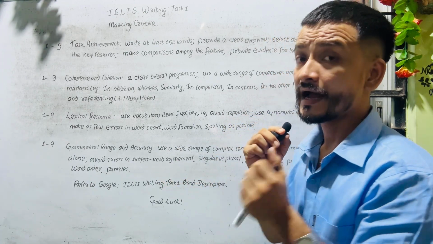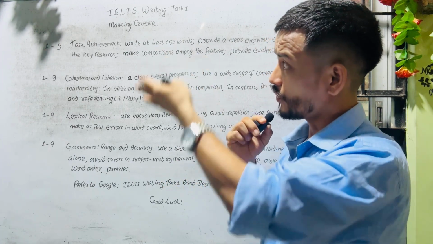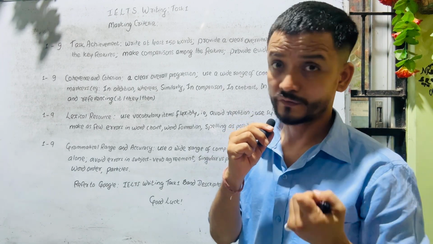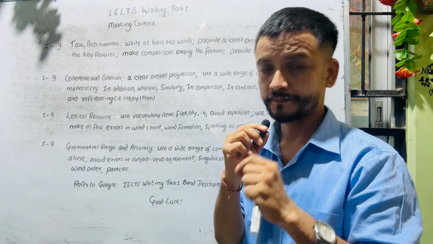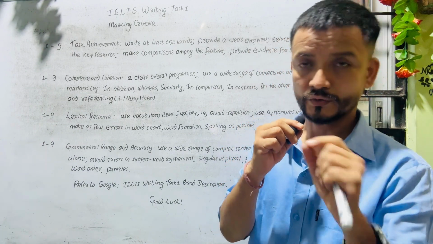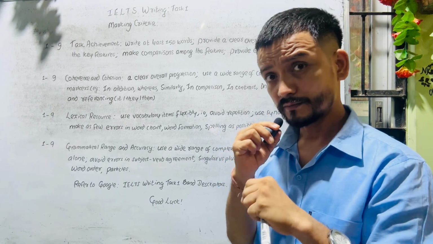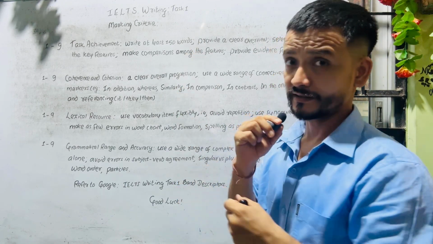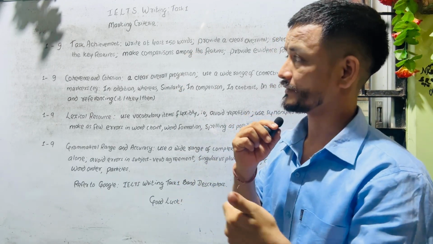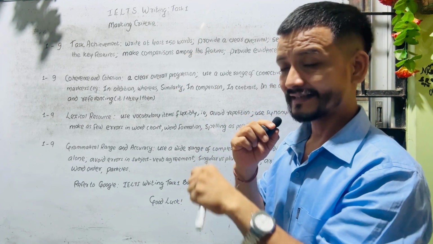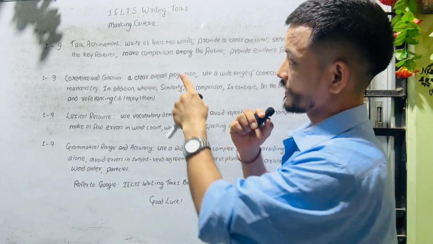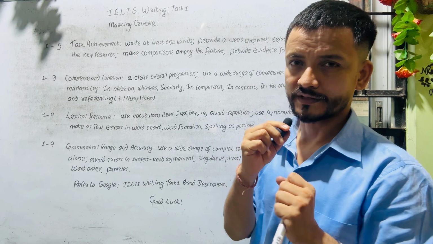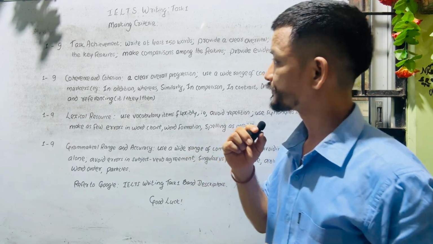You won't get half bands, but overall you may get either full band or half bands, like 6.5, 7 or 6. But in each of the 4 criteria you get only full band, like task achievement 7, coherence and cohesion 6, for example. You won't get half bands.